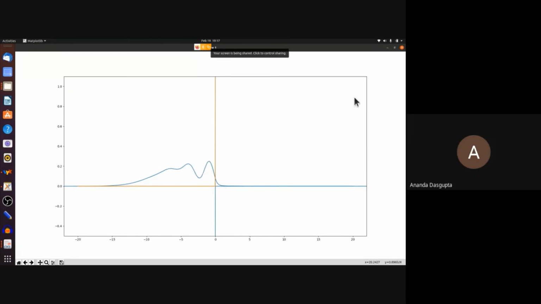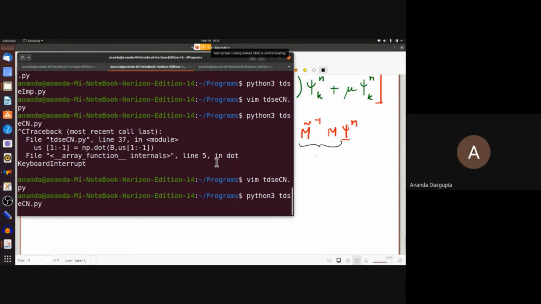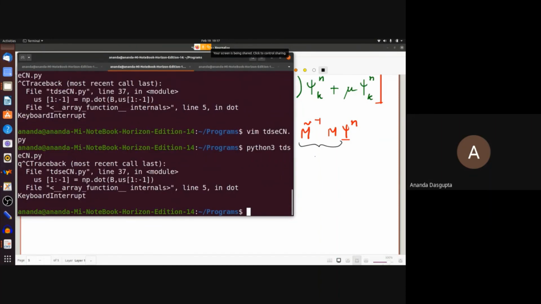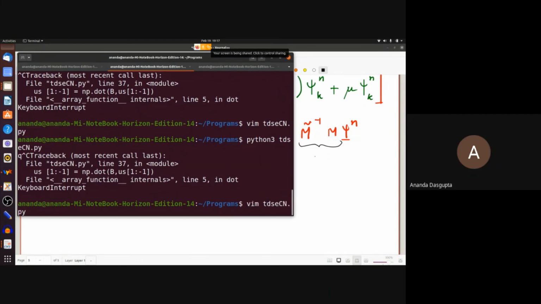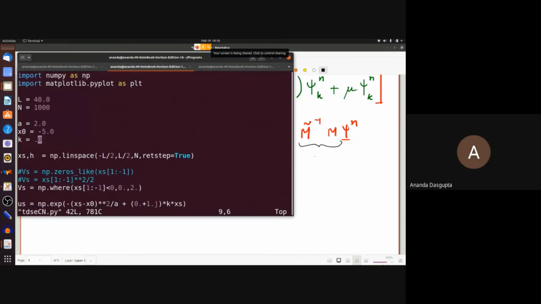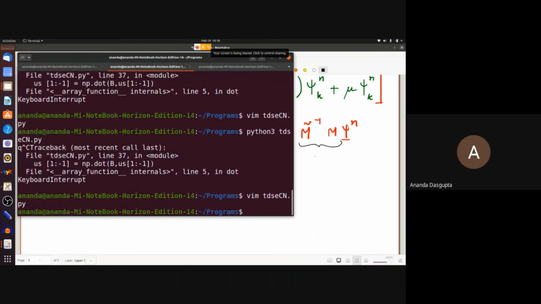Okay, maybe something a bit more interesting would be... So, I put in a rather large value of the momentum in the positive direction.